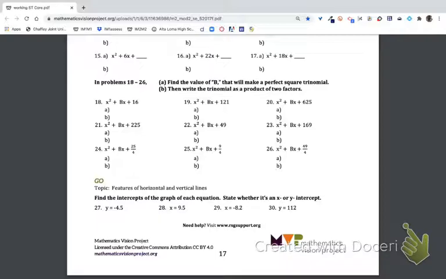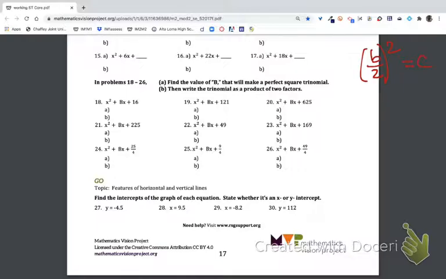So the way before was taking b over 2 and squaring it to be able to get that c term. So we can plug and chug. We can try different numbers. Okay, for number 19, we can try 10. Half of 10 squared is definitely not 121. Half of 16 squared is definitely not 121.